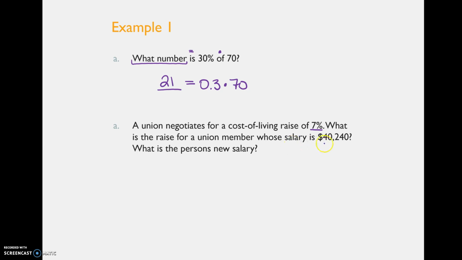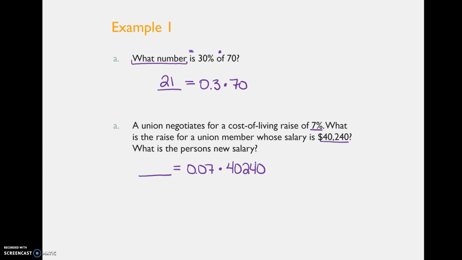A union negotiates for a cost of living raise of 7%. What is the raise for a union member whose salary is $40,240? So they're saying, what would be 7% of 40,240?